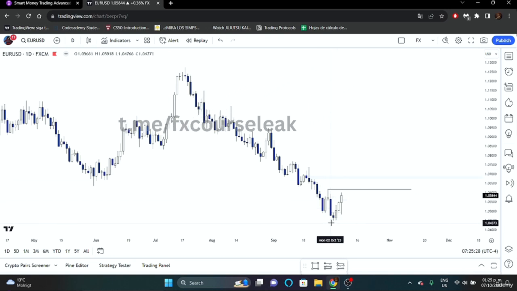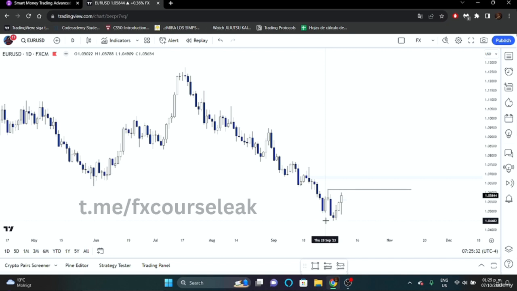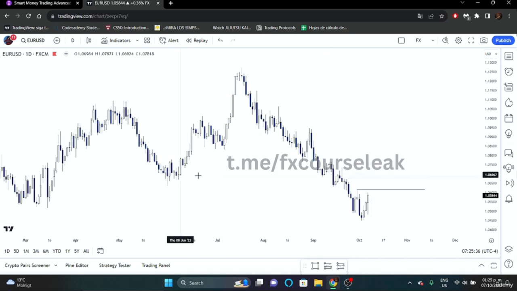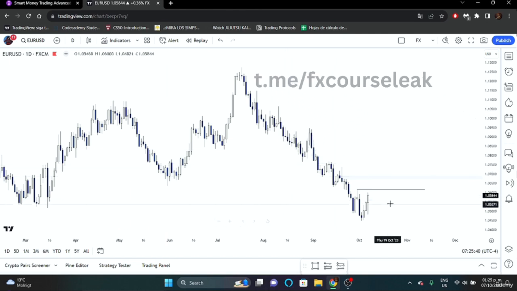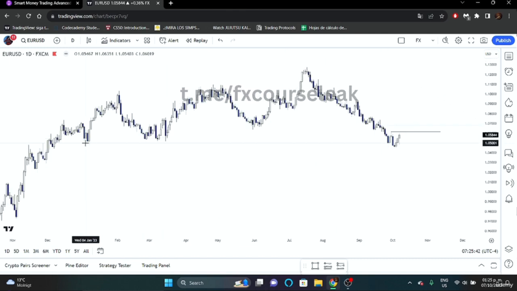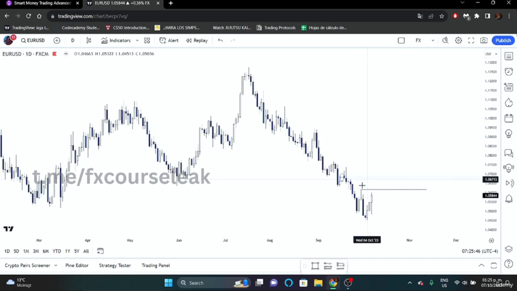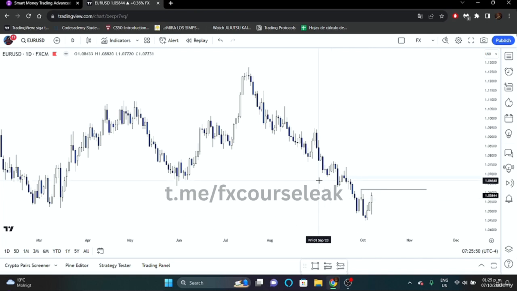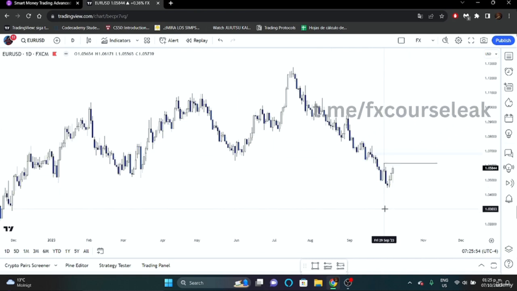That's something I'm going to teach later in this course, so no need to worry. But we do not always need market structure to determine a change of trend, because we could just say we took all this liquidity from the marketplace and we're likely to retrace to a premium, trap people that only look for market structure, and then we resume lower.